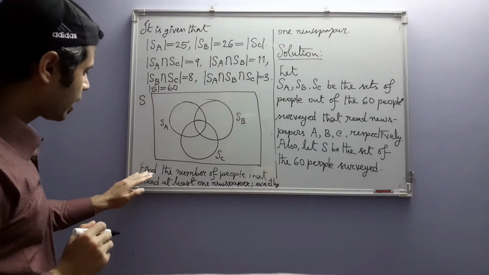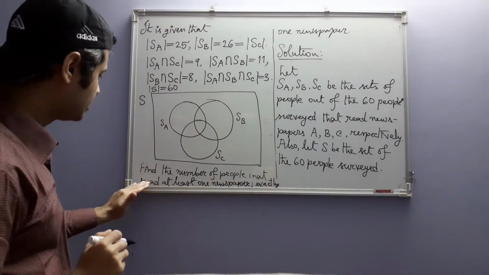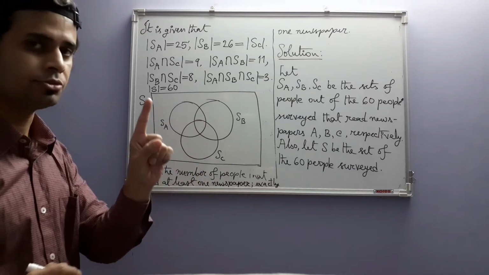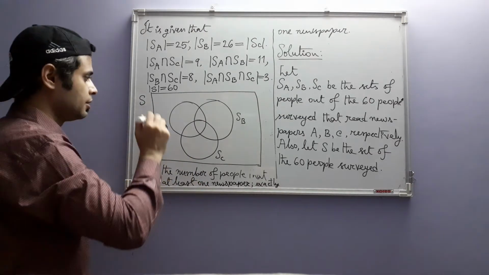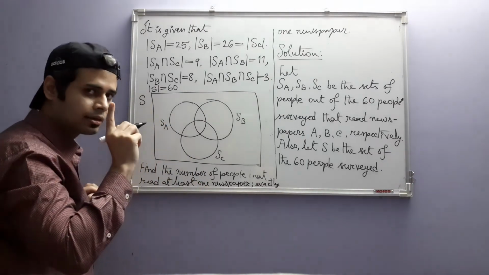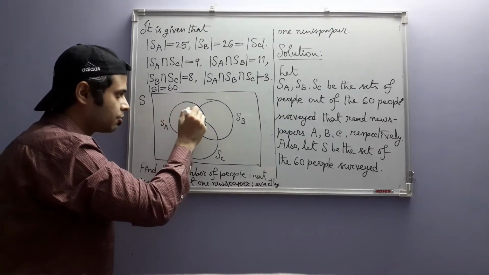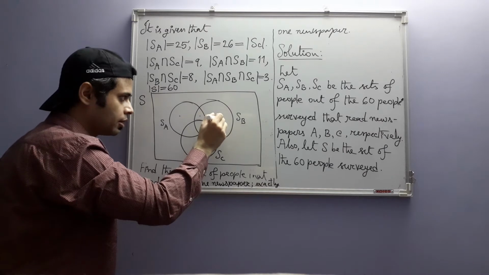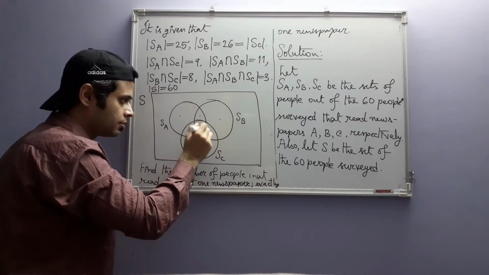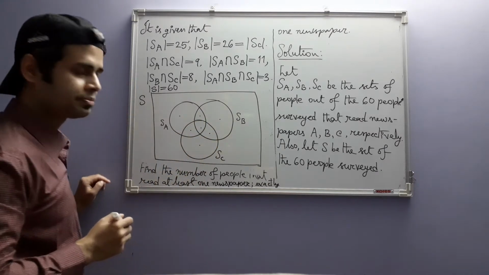So we are asked to find the number of people that read at least one newspaper, which means someone who reads at least one newspaper can either be here or here or here or here, in these places.